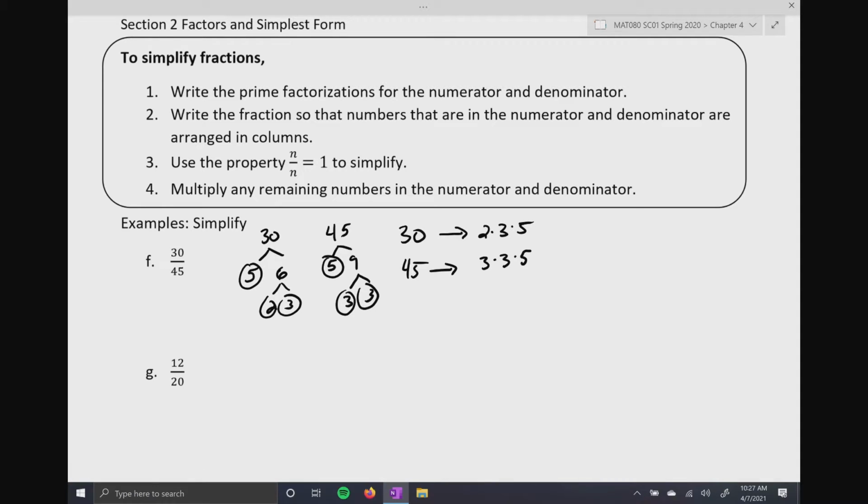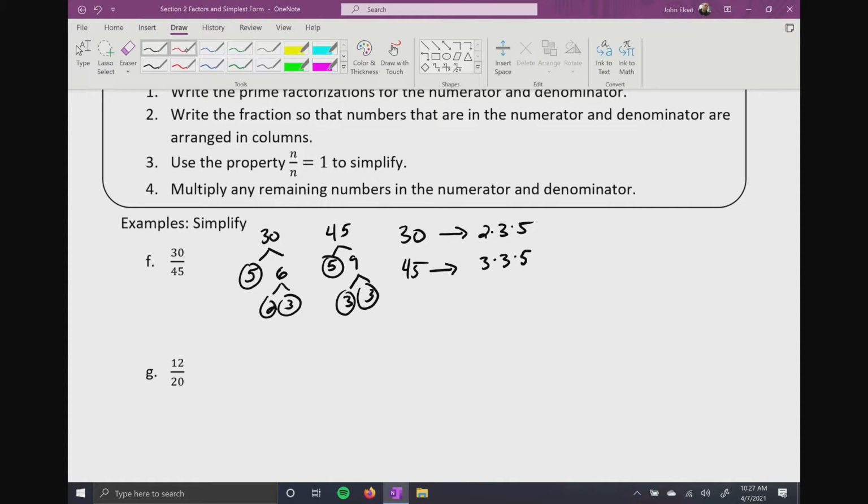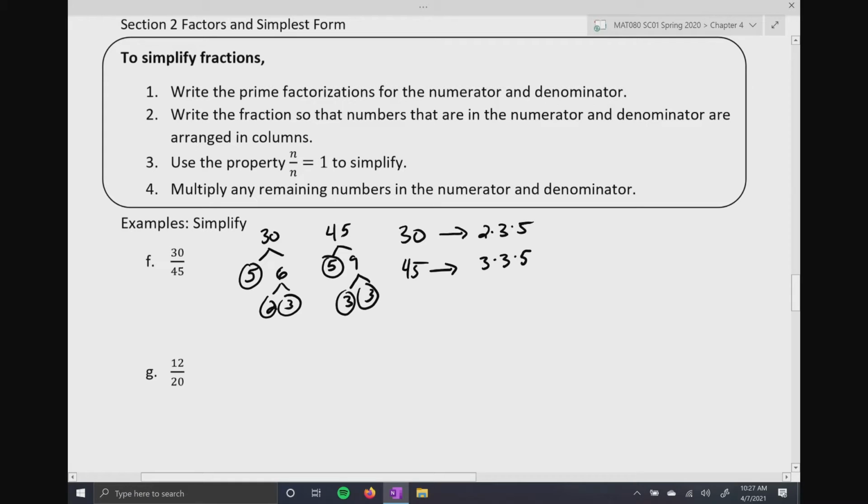Okay? So here's what I'm going to write. I'm going to do it in red because now this is the important part. 30 over 45 equals 2 times 3 times 5 over 3 times 3 times 5. Now, I like to put little arrows where I see things that match.